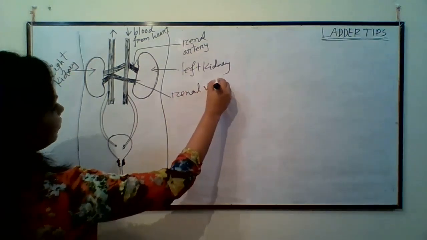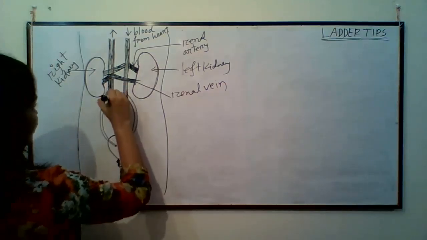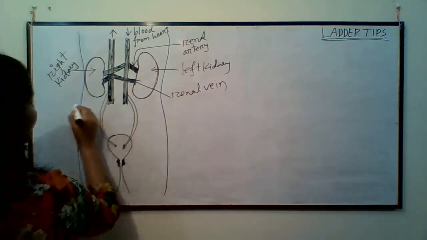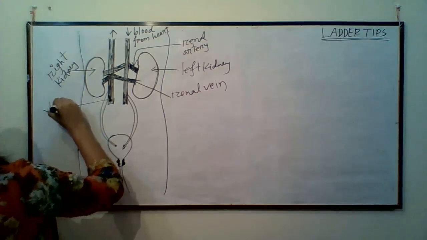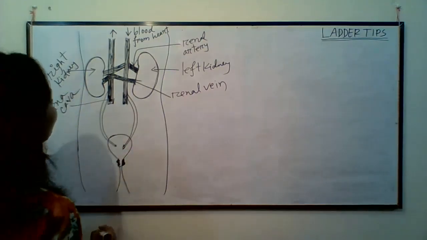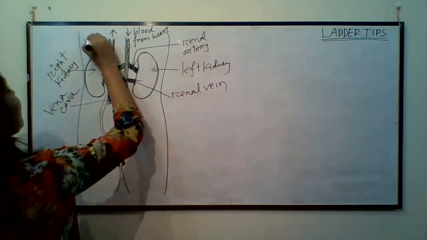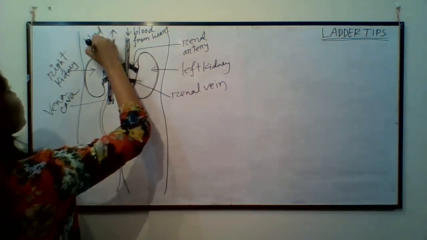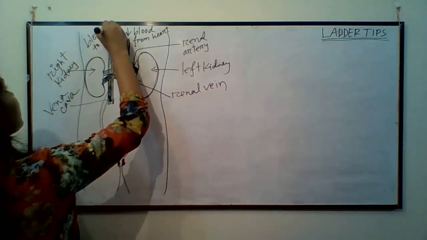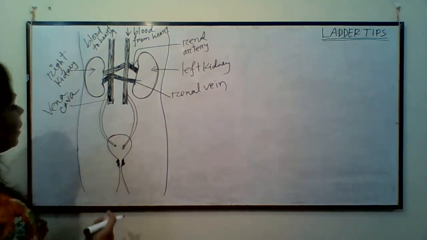Renal vein. It is the body's main vein, called vena cava. Then blood from the heart, blood to the heart.